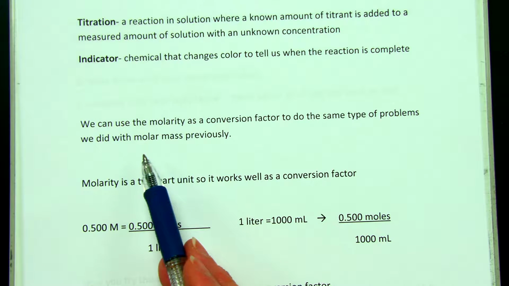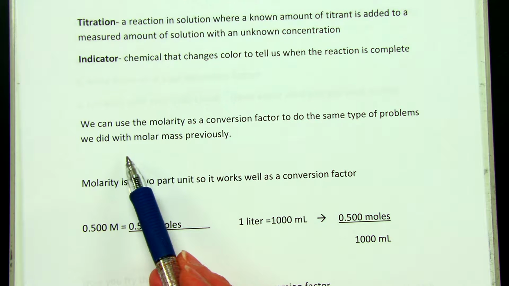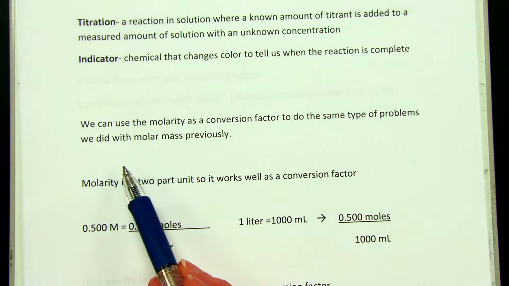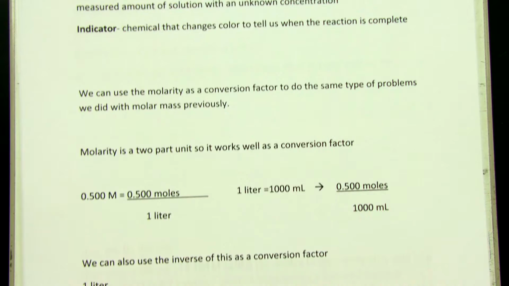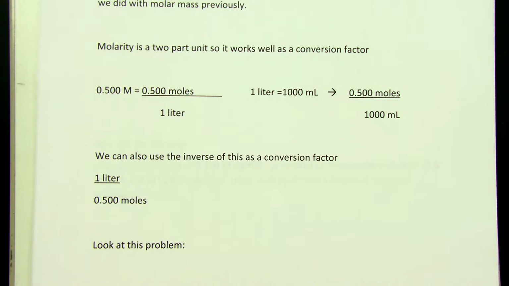So we can now use molarity as a conversion factor to do the stoichiometric math in these titration problems, just like we did in Chapter 3 when we were looking at stoichiometry using mass and molar mass as conversion. Since molarity is a two-part unit, it works nicely as a conversion factor.